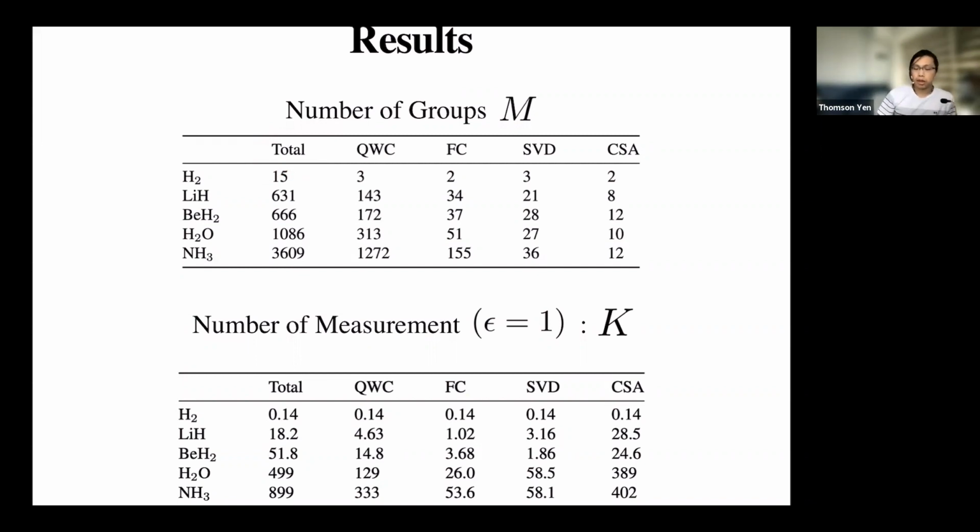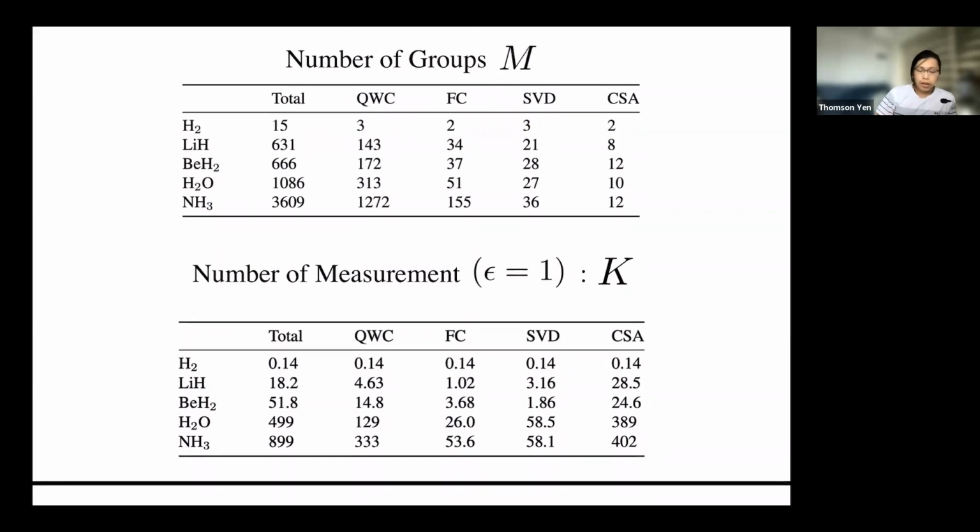As we claimed before, as you increase the complexity of the measurement scheme, you are steadily decreasing the number of groups you need to measure the Hamiltonian. So from here to here, you see a decrease in the number of groups.